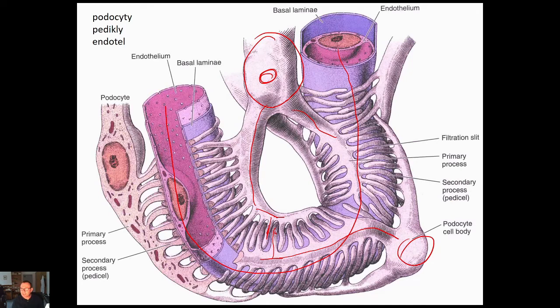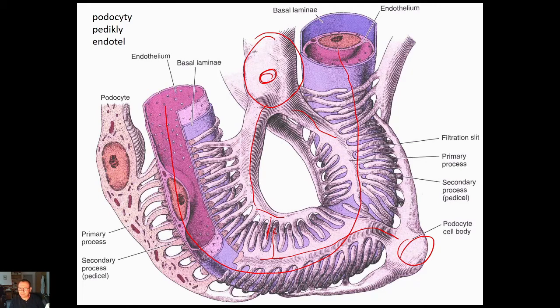But intercellular junctions of pedicels are very special. You can see that there are some spaces, some slits between them. These slits measure about 20 to 30 nanometers, so they are very, very small.